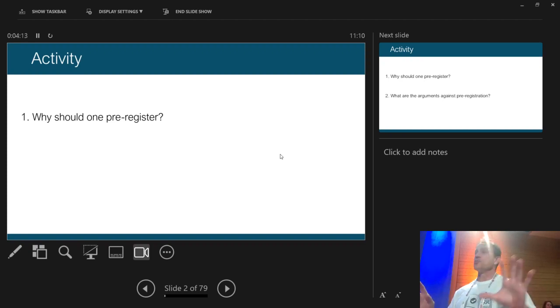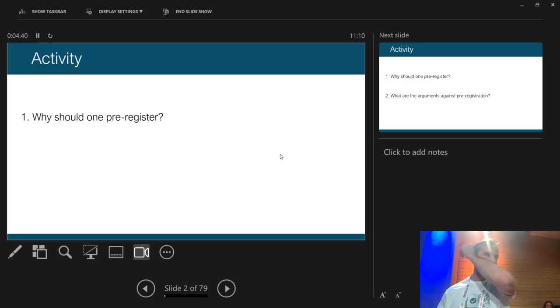All right. Now you probably know what pre-registration is, but just to make sure we're talking about the same thing. To pre-register means you go to something like OSF, Open Science Framework. It's up to you to do that. It's not mandated by any journal or anything like that. There's various templates you can use, and you write a short description about what you're going to do. You do this before data is collected.